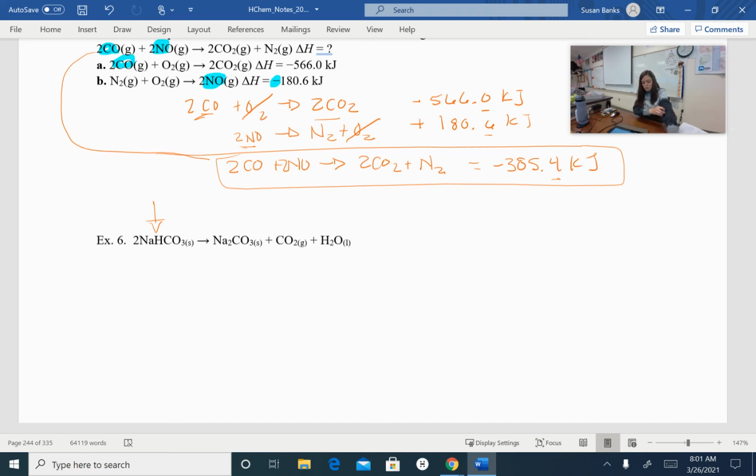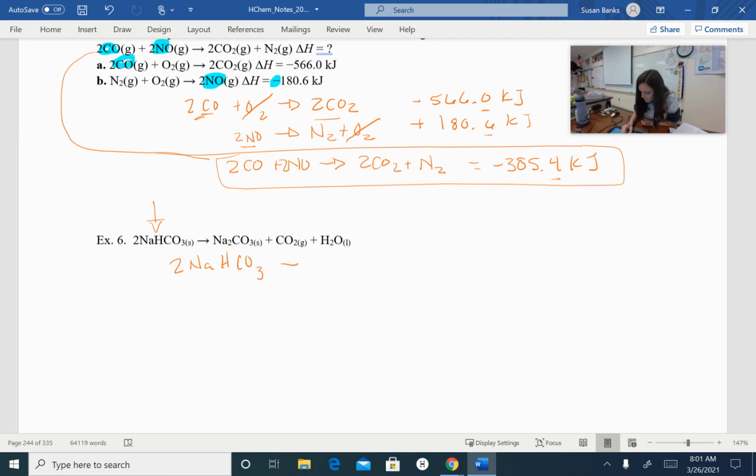And I've got 2 of them. So I have 2 sodium bicarbonates. If I deconstruct this to its elements, it's going to give me 2 sodiums and 1 hydrogen.